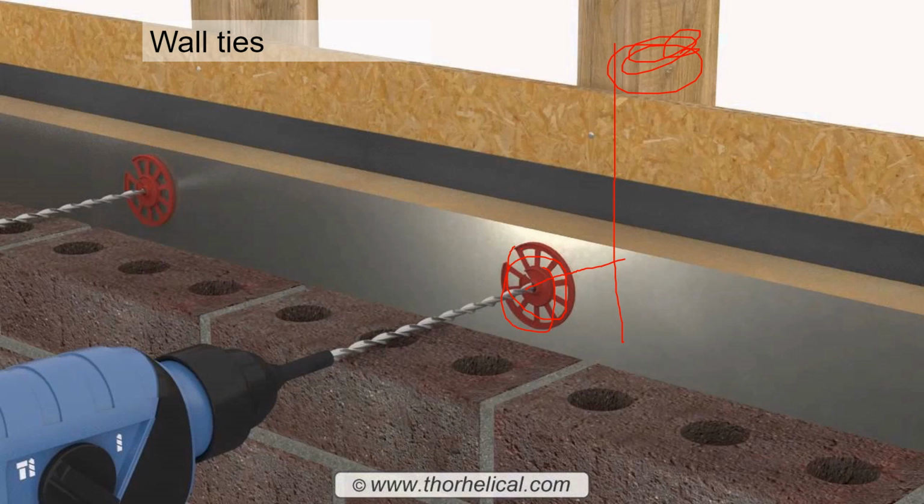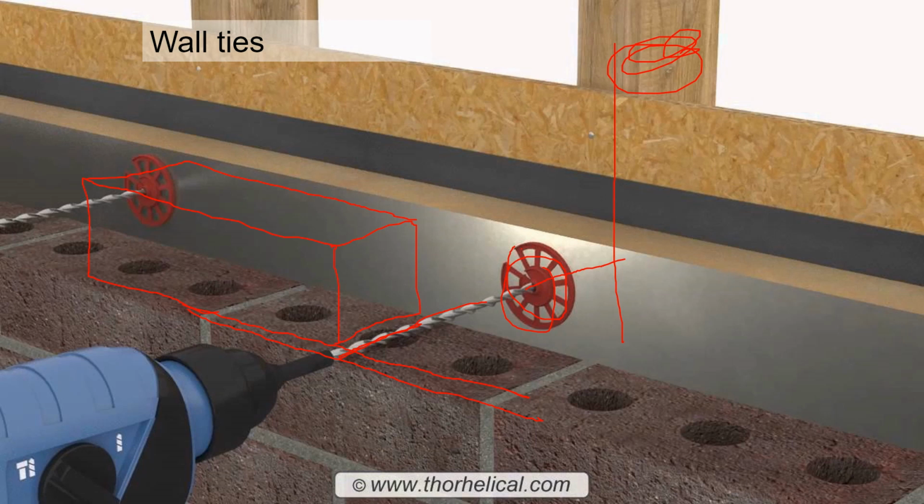And what would happen is this helical element here would then be bedded into a mortar joint, and there would be another brick then laid over the top of that. And as those things are put in place and we raise the brickwork up by different levels, we get more and more of these wall ties in there, and it allows your two walls, your timber frame wall and your brick wall or your brick cladding to work together as a system.